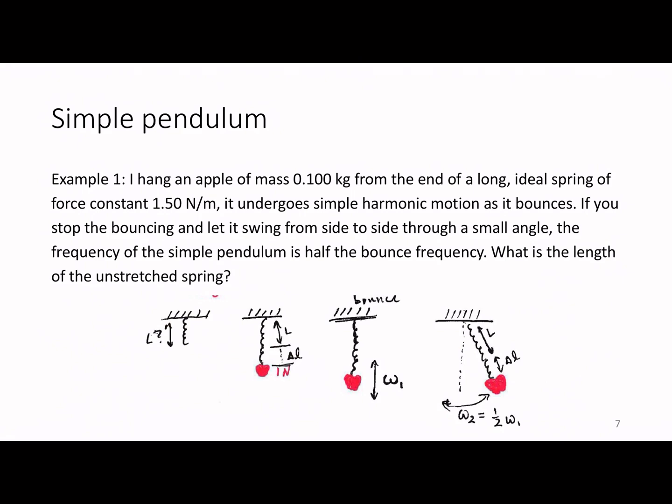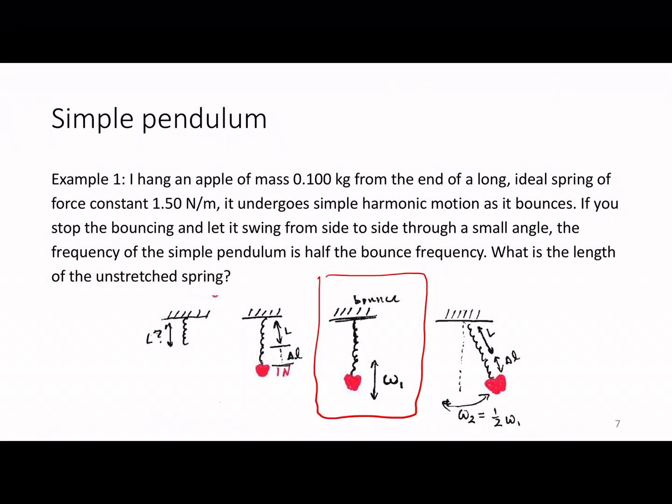All right, so let's now get a little bit of practice on this. Imagine I hang an apple of mass 0.1 kilograms from the end of a long ideal spring with a force constant 1.5 newtons per meter. So there are two ways that this guy can do simple harmonic motion. Option 1 is that it simply bounces up and down. So let's call that angular frequency omega 1. Option 2 is that I make it like a pendulum.